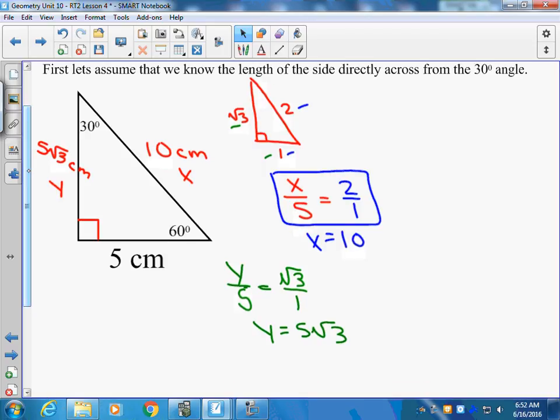So once again, if you're given the short leg, the conjecture is a great way to go. The hard part is if you're given any other value, you have to be very careful with your mathematics. And the one thing that you can do to make your math work every time is just set up those equal proportions based on the reference triangle, and that will really help you in the long run.